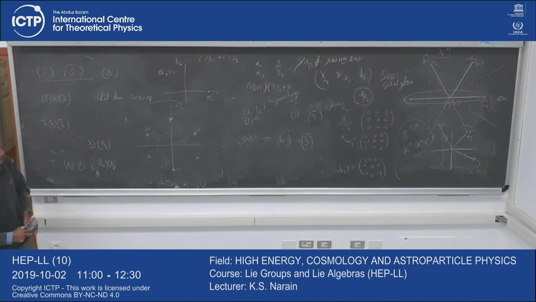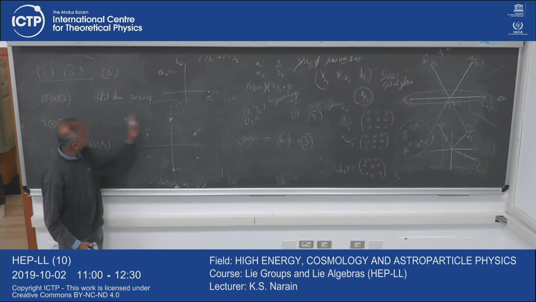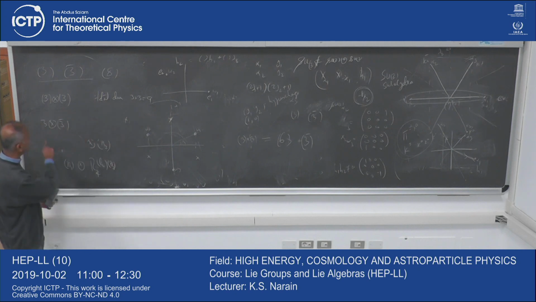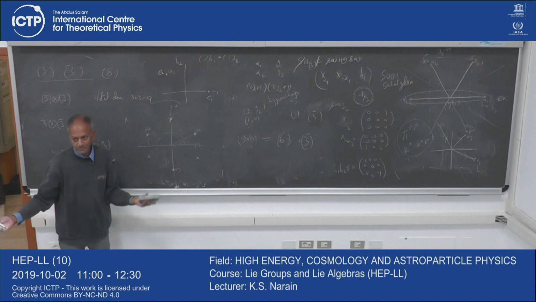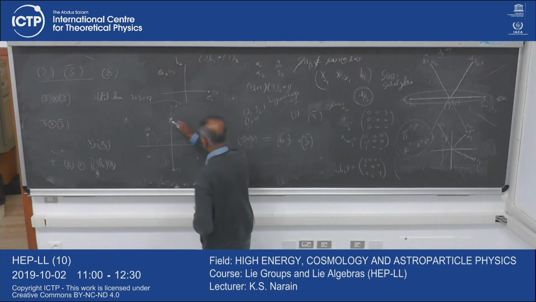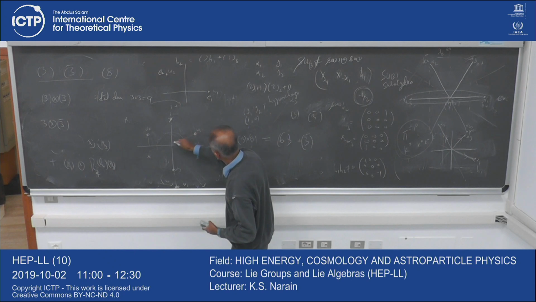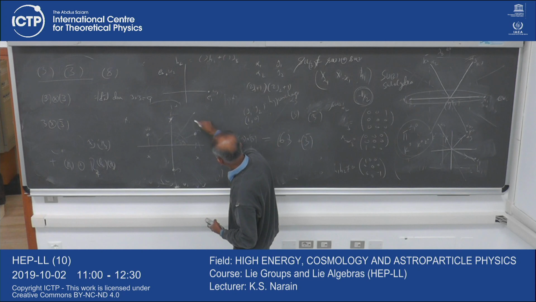These are the weights of the 3 representation, and these are the weights of 3 bar. The tensor product of 3 with 3 bar: just start adding up all the weights, and you'll get the tensor product weights. When I add these two, this was 30 degrees, so this is going to be completely 60 degrees. So you go somewhere here, and you see this projection will be the same, because this has no zero component along the x direction. So it will be somewhere here, maybe a picture something like this.